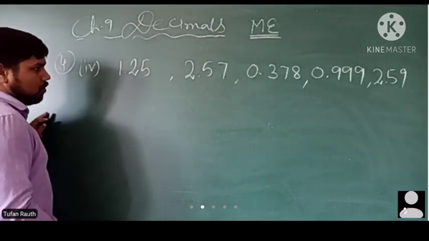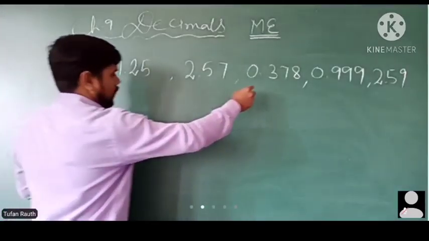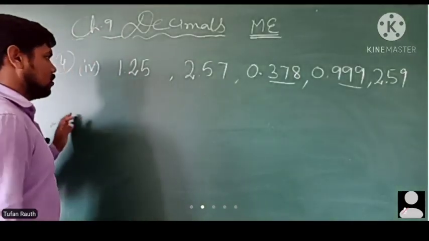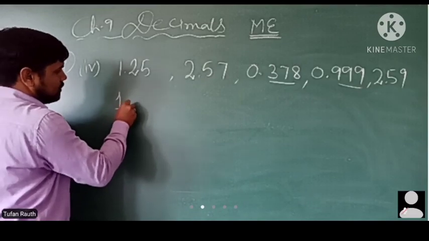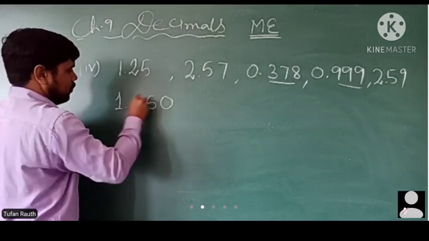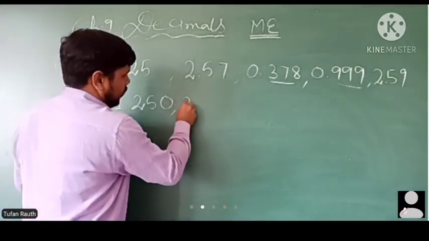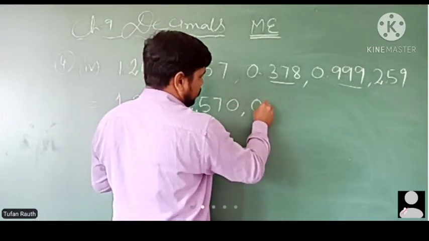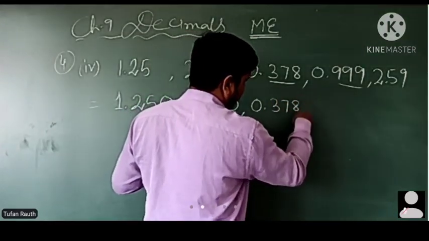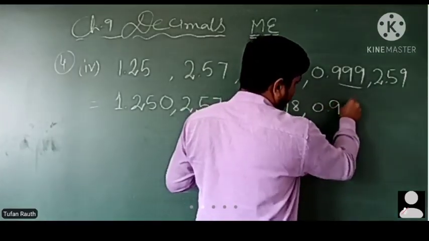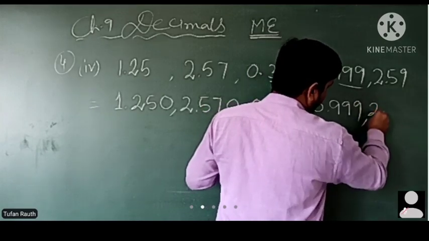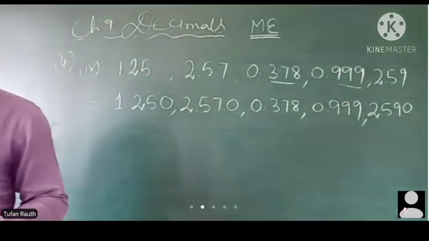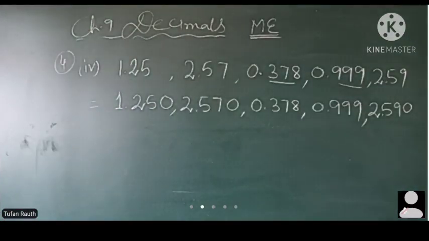So most important thing is to see that maximum 3 digits after decimal we have. So we have to keep all the numbers like this only. So it will become 1 decimal 250, then 2 decimal 570, then 0 decimal 378, 0 decimal 999 and 2 decimal 590. तो ये सारे numbers हमने पहले like में लिख लिए.